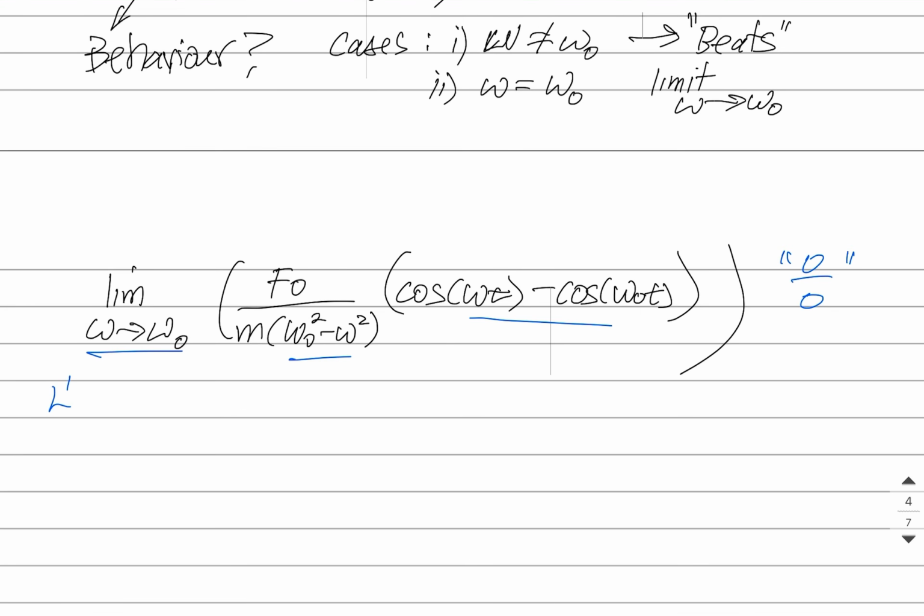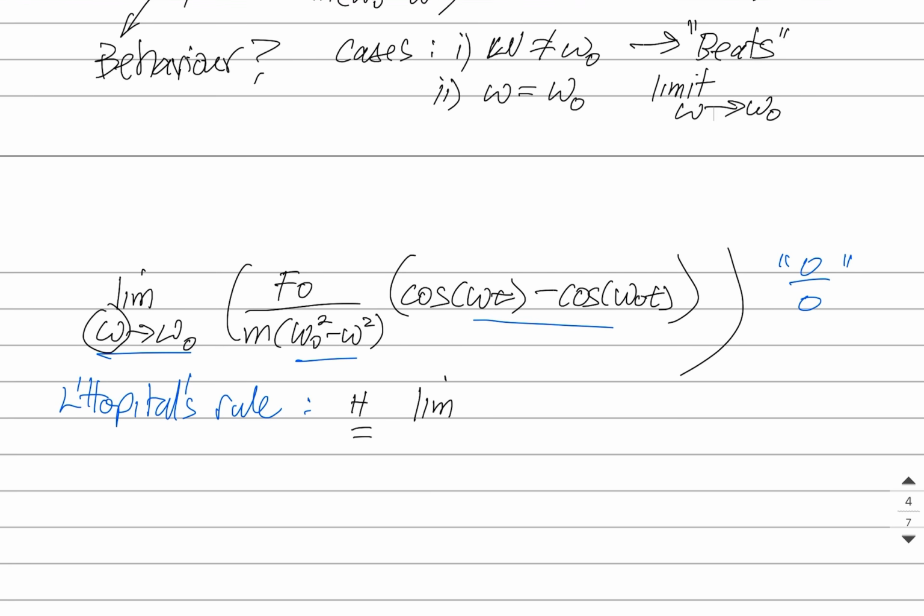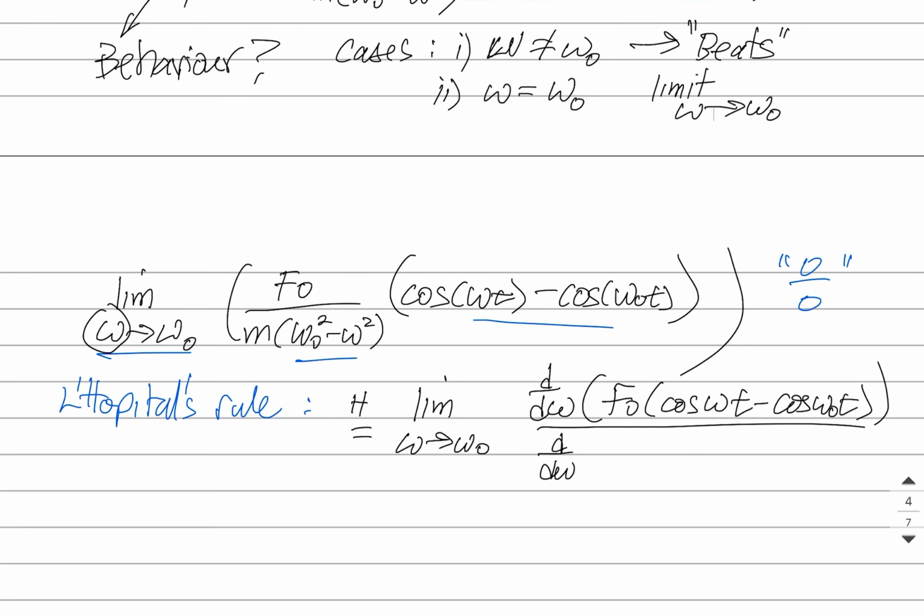So what we're going to do is use L'Hopital's rule. The limit as omega gets closer to omega naught, we're going to take a derivative with respect to omega of these two terms. Remember, omega is the variable here, divided by the derivative of this difference.